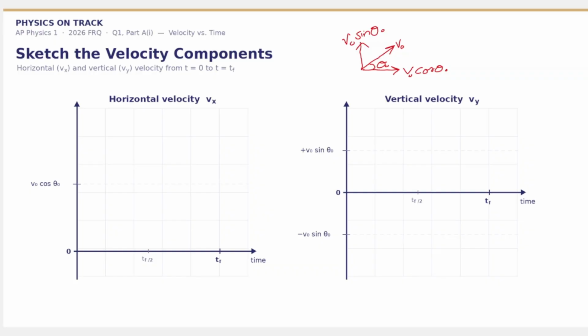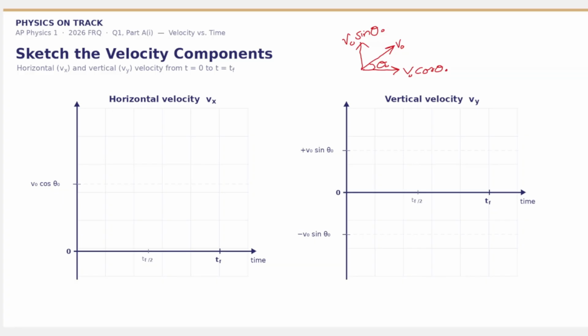So first, let's look at horizontal velocity. To understand how the velocity is changing, we know that the thing that affects velocity change is acceleration. So do we have any acceleration in the horizontal direction? For an acceleration, we need a force. The question does not talk about any air resistance in the horizontal direction. So in general, for any projectile motion, unless it's specified, we assume that there is no acceleration in the horizontal direction.